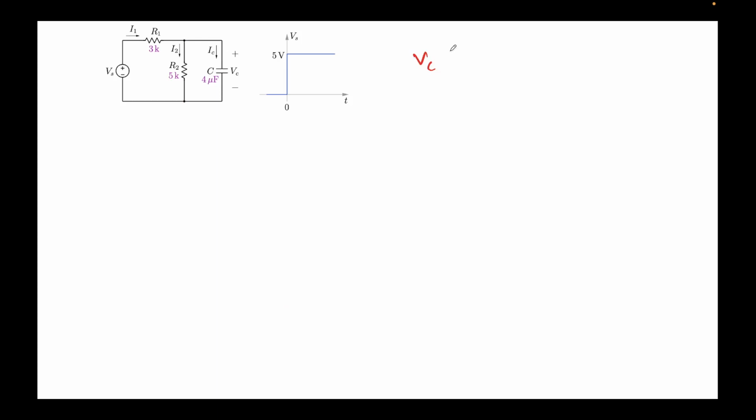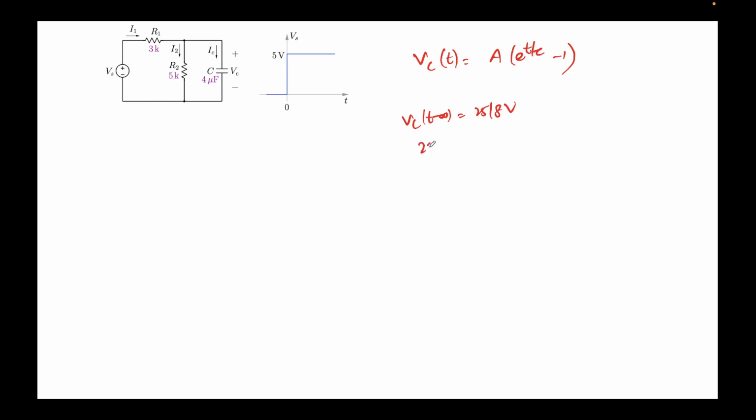So this is VC(t), this is coming out to be A e to the power t by tau minus 1, and we saw that VC at t tends to infinity points to 25 by 8 volts. So I'll simply put t equal to infinity in this expression.